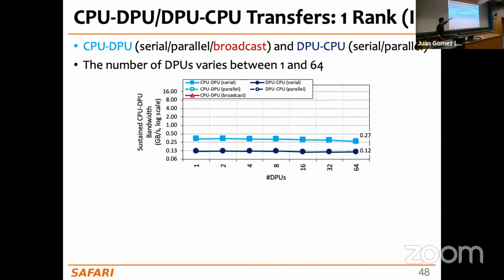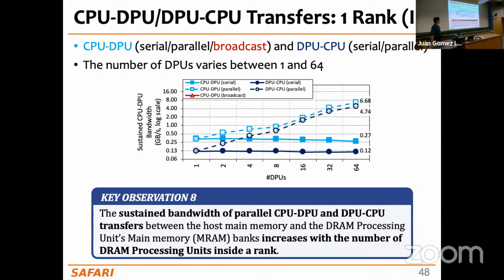So that's why the bandwidth is flat. However, we see some scaling when increasing the number of DPUs for parallel transfers and for broadcast transfers as well. Indeed, the sustained bandwidth of parallel CPU-DPU and DPU-CPU transfers increases with the number of DRAM processing units inside a bank. Okay? Question here, does it scale linearly?